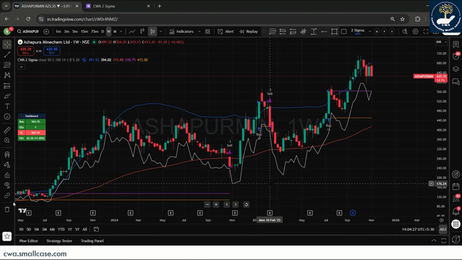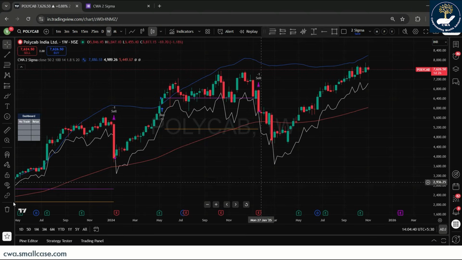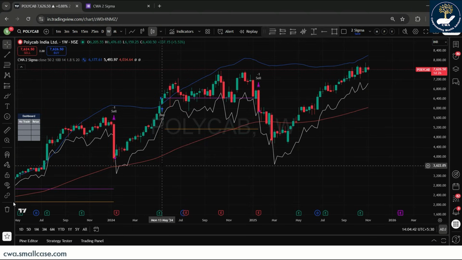But in the subsequent weeks, the price fell below the initial stop loss of 20% value of 415 and the close was 413, which is where the stock was exited. Similarly, in case of Polycab, the stock went long on 13th of May 2024 and was exited on 20th of January 2025 because the close was below the ATR value.